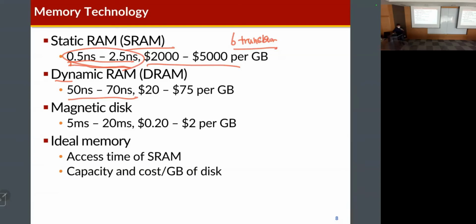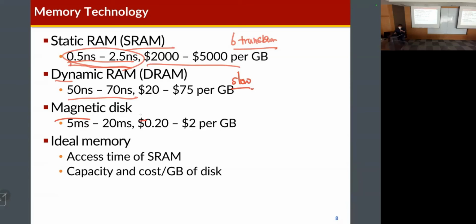So that's why we use the DRAM as the main memory. As I explained, the process technology of the DRAM is different from the normal chip technology, so we locate the DRAM outside of the processor chip, which means it's slower.